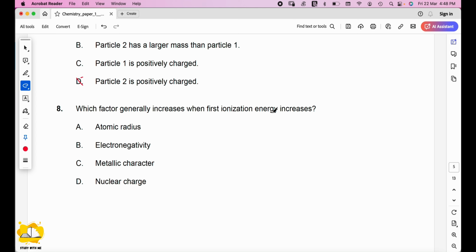So the more energy is required to withdraw the electron, the higher the tendency to attract an electron. Therefore, if the first ionization energy increases, the electronegativity, the tendency to attract electrons, also increases. So the answer will be B.